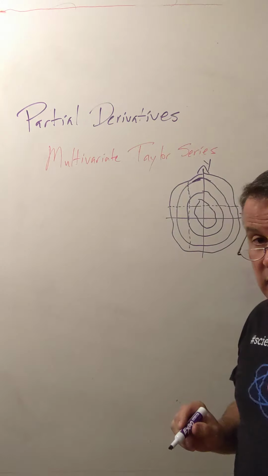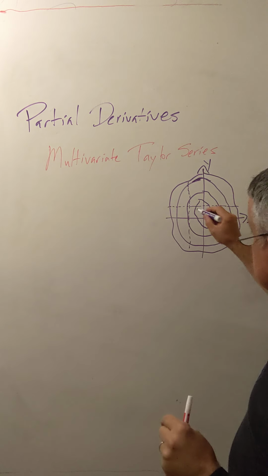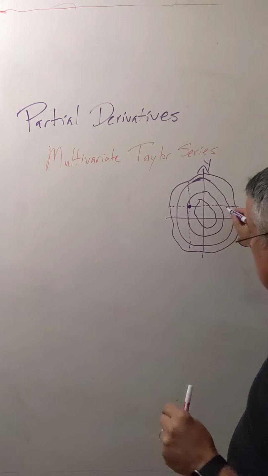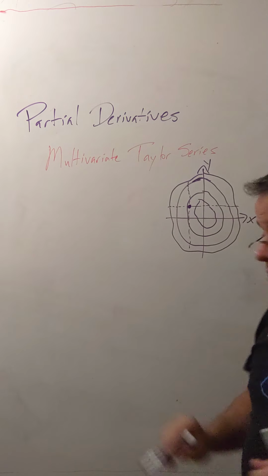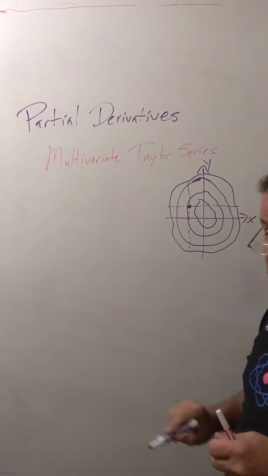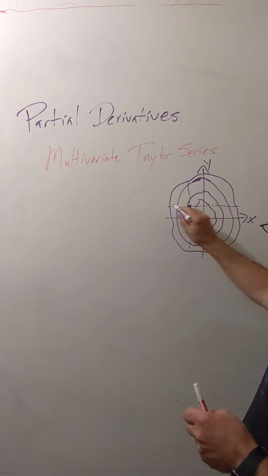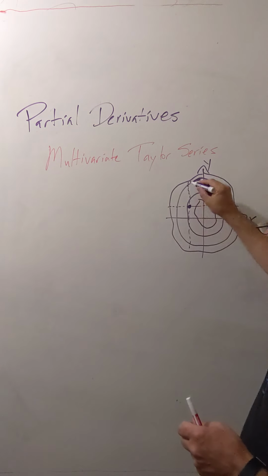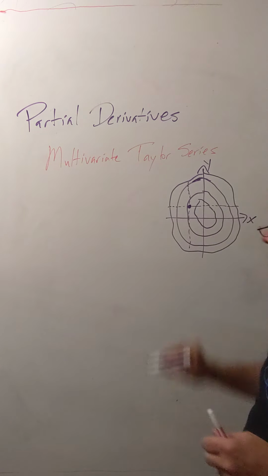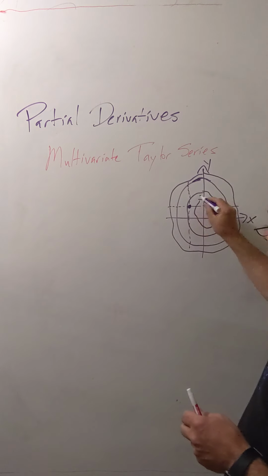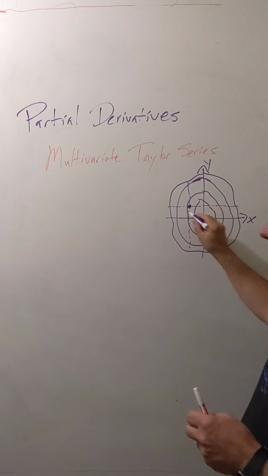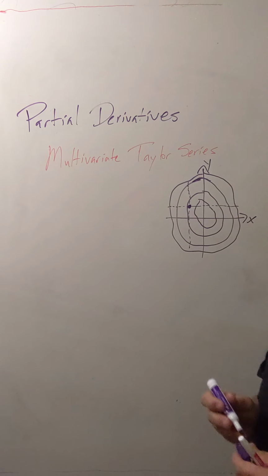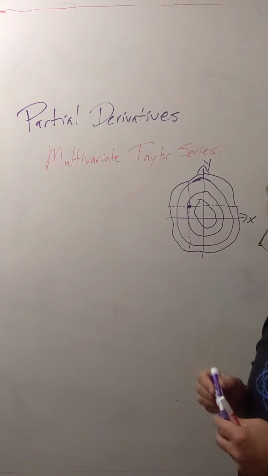What the multivariate Taylor series does is, suppose we're using this point as the point that we're expanding on, we are going to write it in such a way so that if we were to hold y fixed, we could go left and right in the x direction, or if we were to hold x fixed, we could go up and down in the y direction, or in fact we could go in any direction diagonal or in any other way around that point, and we would get a Taylor series that would apply equally well in all the directions.